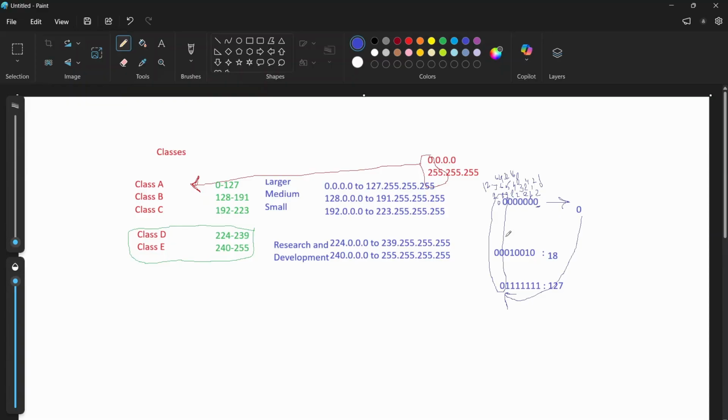That's why I'm saying class A, class B, class C, class D, class E are divided based upon the priority bits. Let me give you clarity on that.